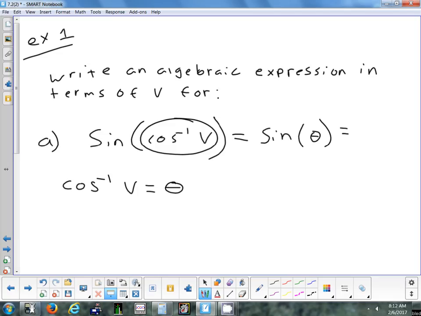Well, what if you had this? You've got a function there. You're squaring. How would you cancel out that function? Yeah, you take the square root.